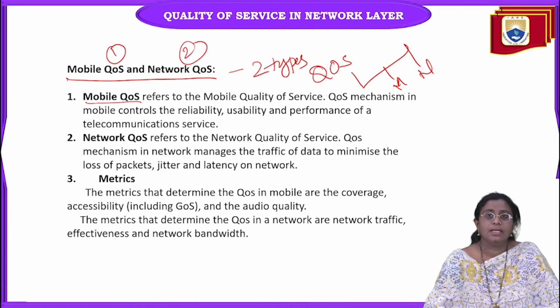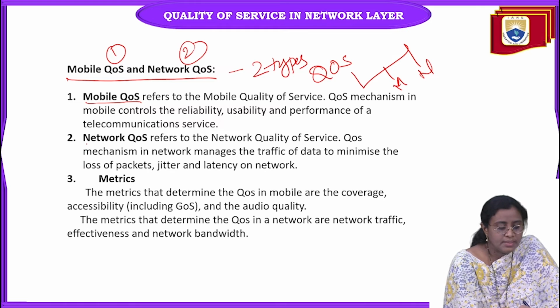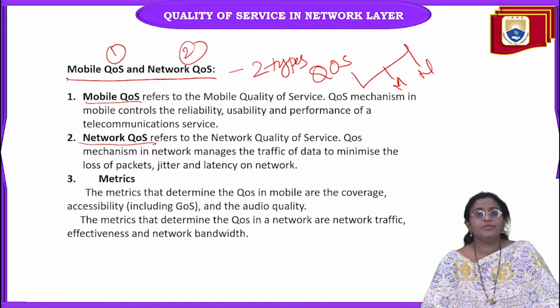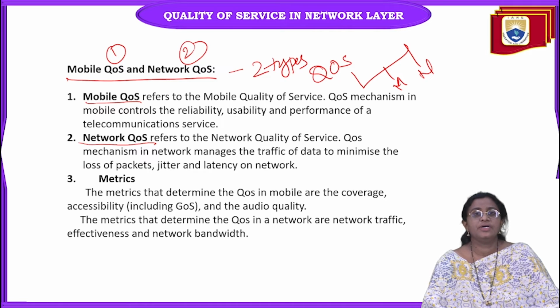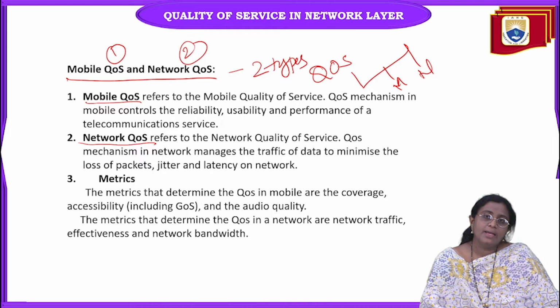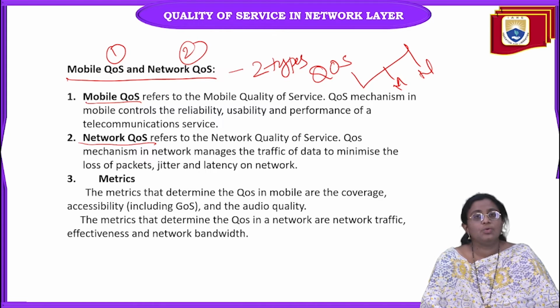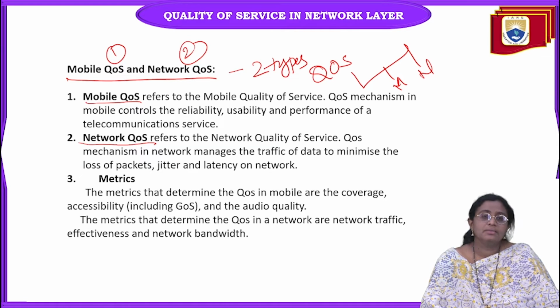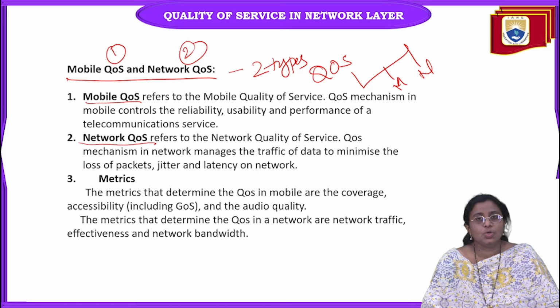The second part of QoS is the network QoS, which refers to the network quality of service. In this mechanism, the network manages the traffic of data to minimize the loss of packets, error control, heavy control, as well as the jitter and the latency on the network.